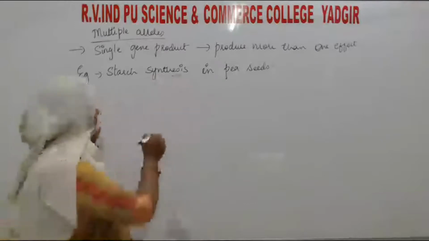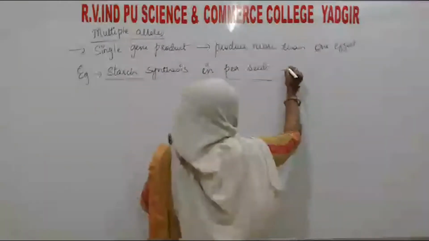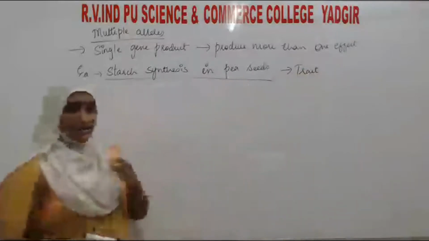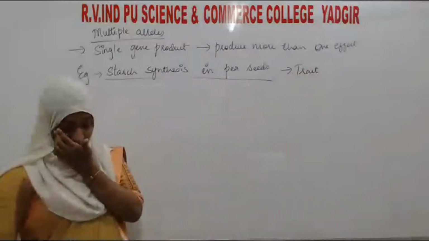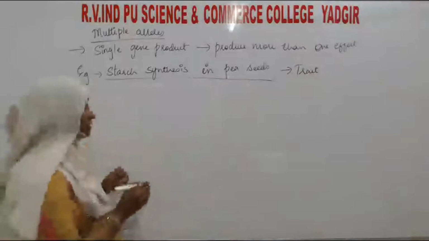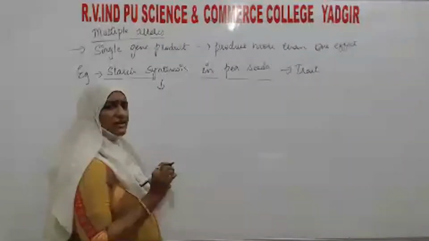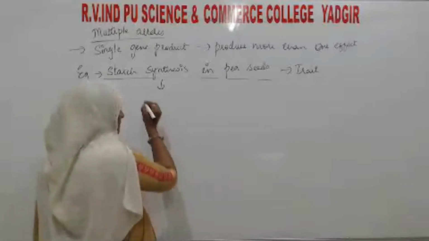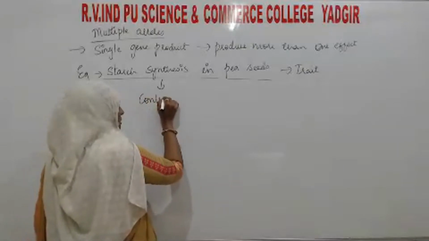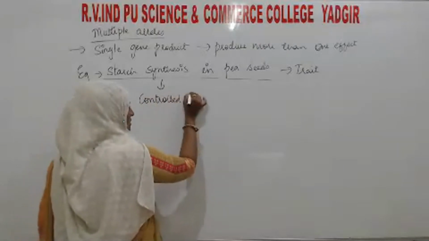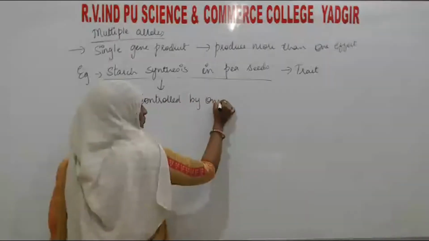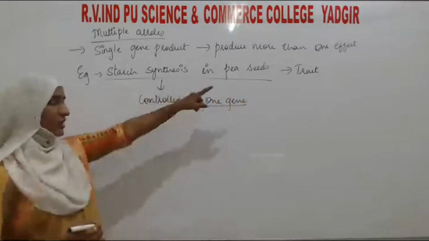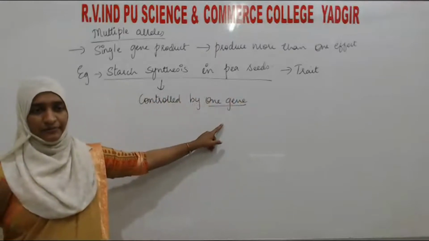This is one of the characters or traits in the pea plant. Each character is controlled by a specific gene, so for this one character, one gene will be there.